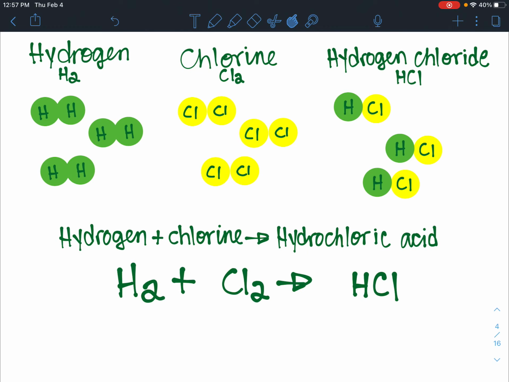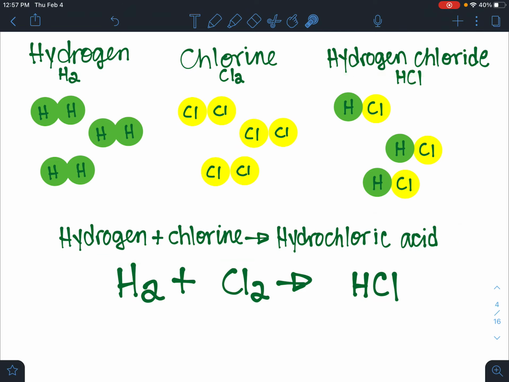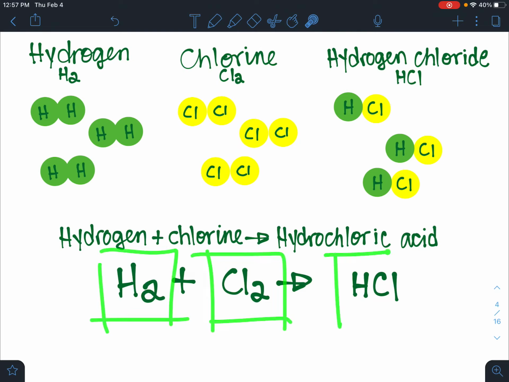In this reaction, hydrogen plus chlorine yields hydrochloric acid or hydrogen chloride, however you want to refer to it. They have the same formula. We have H2 plus Cl2 yields HCl.